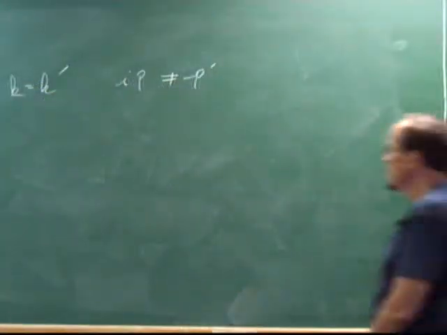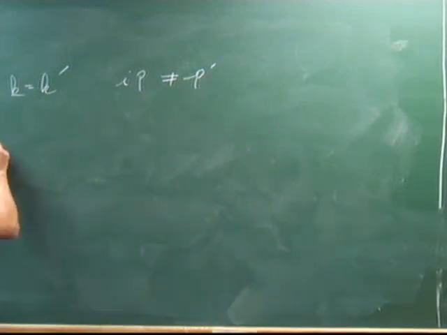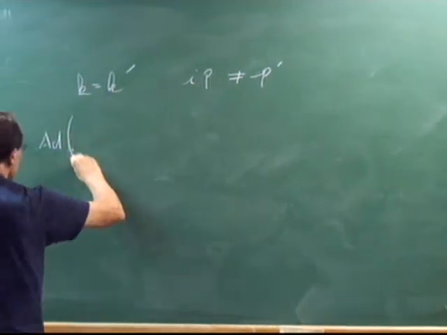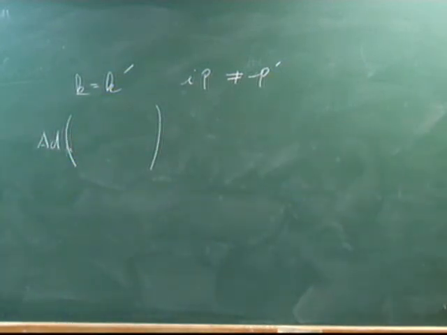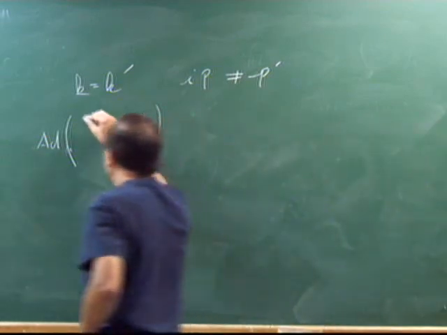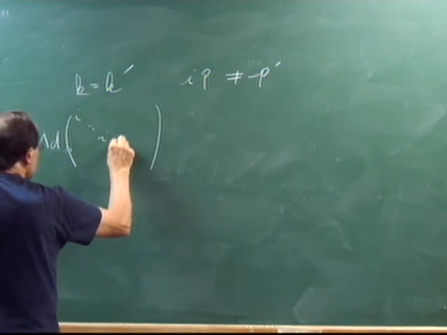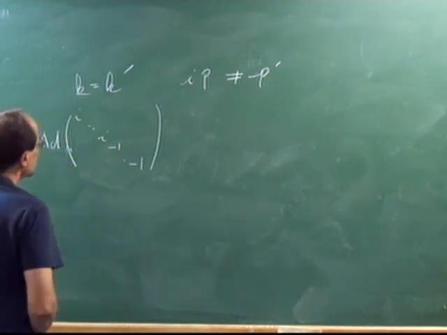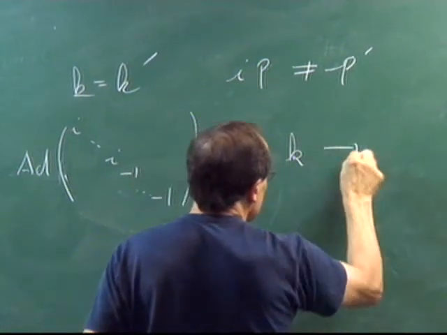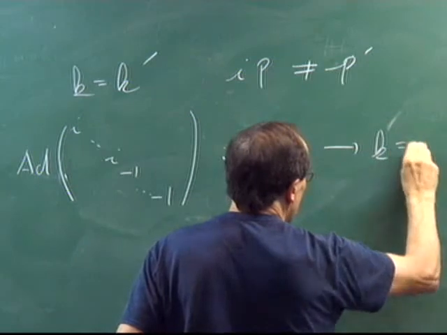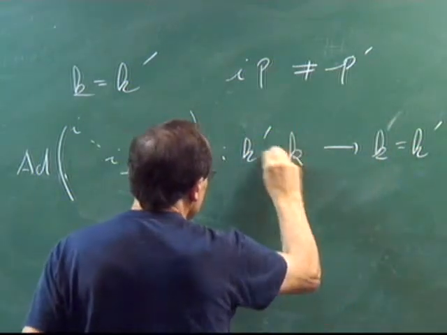So it doesn't quite work out yet, but I claim it's okay up to conjugacy. So by this I want to look at conjugation with the matrix which has the following entries. I have to do it right. I. And I claim this will take K to K. Of course, that's K prime. So it preserves both of them.